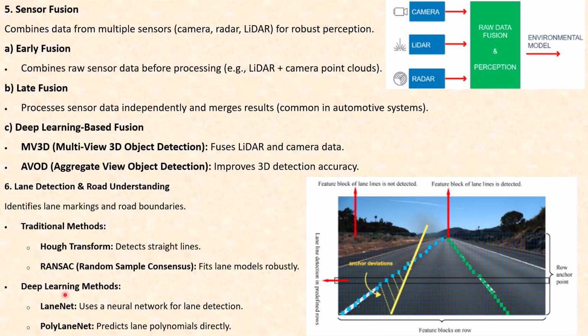Next come deep learning methods. When it comes to deep learning methods, LaneNet and PolyLaneNet are very popular algorithms. LaneNet uses a neural network, and PolyLaneNet predicts lane polynomials directly. A lane polynomial is nothing but the equation of the curvature of the road lying in front of you.